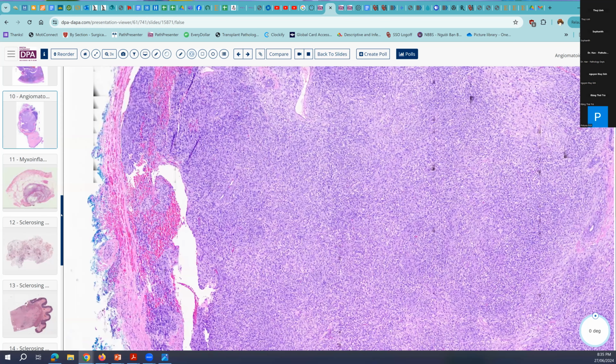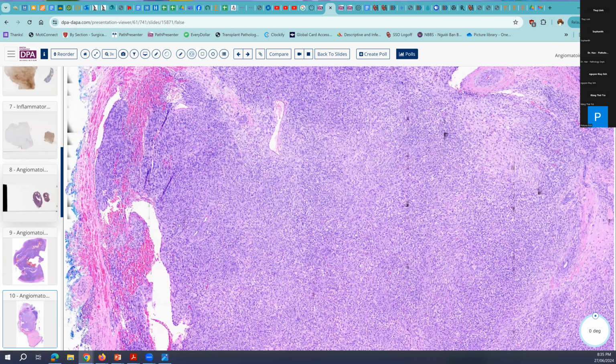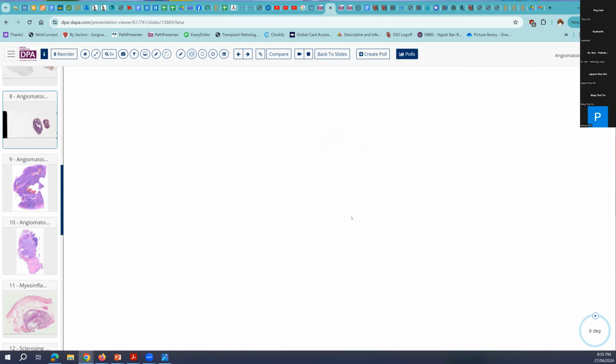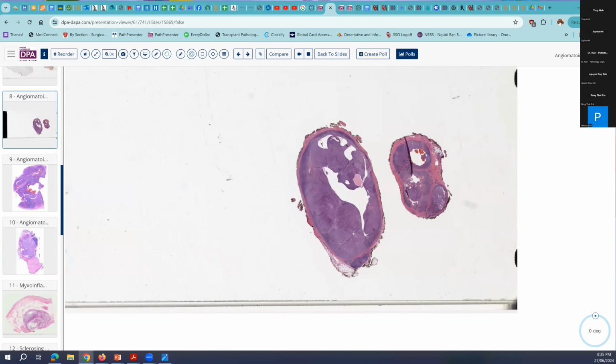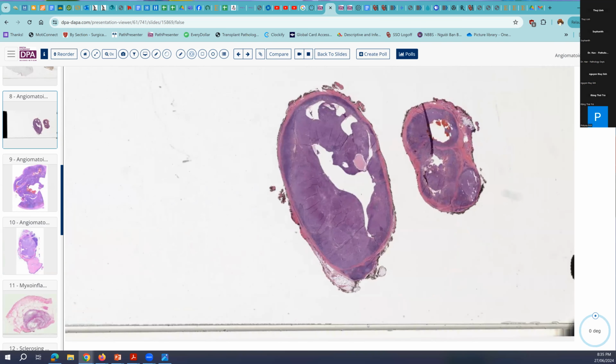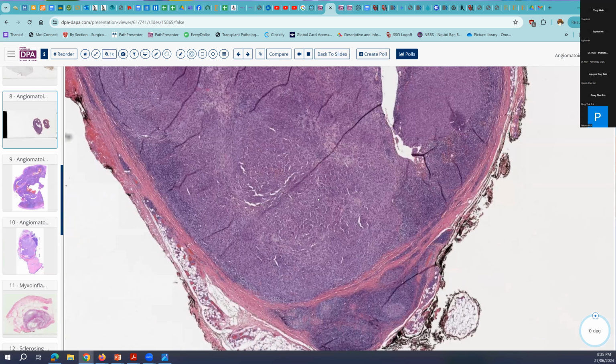I think I have one other example of this here. Again, notice the little capsulation, vaguely nodular pattern. It almost looks like a lymph node because at the periphery you've got the lymphoid cells with the germinal center.